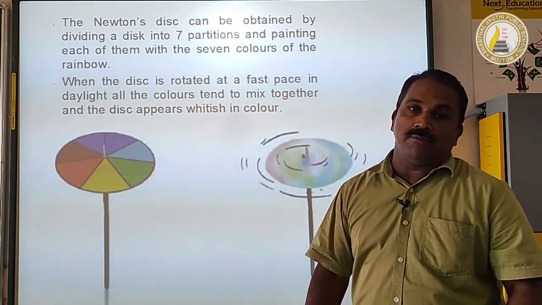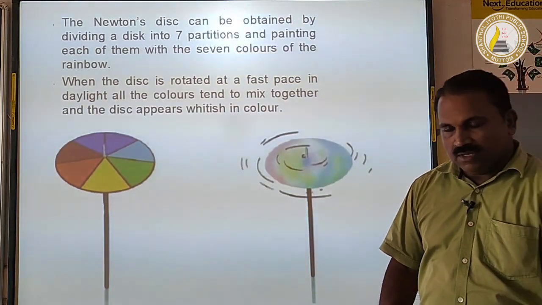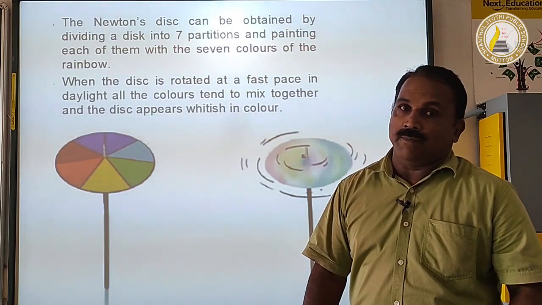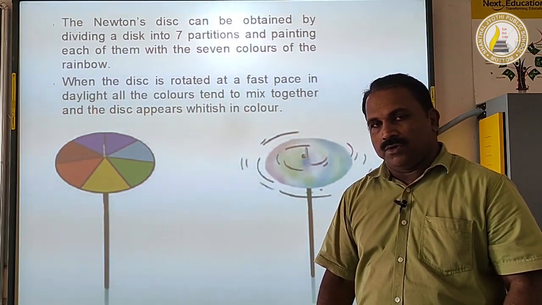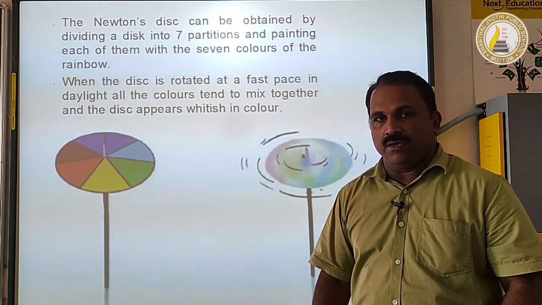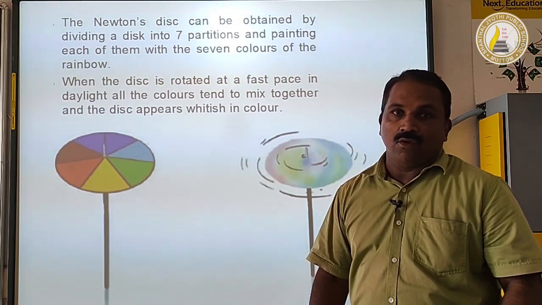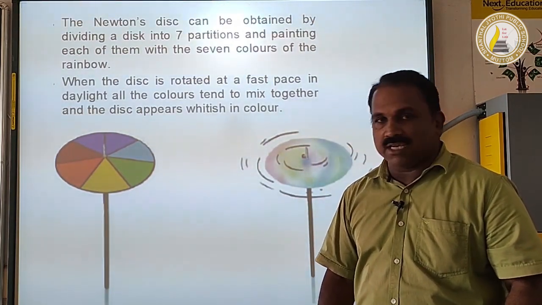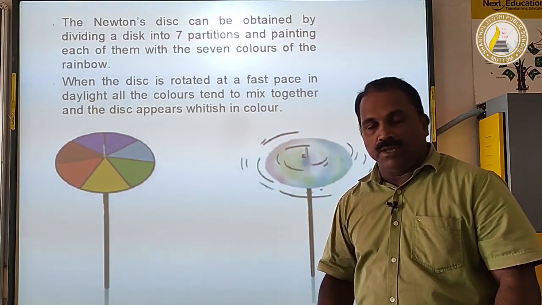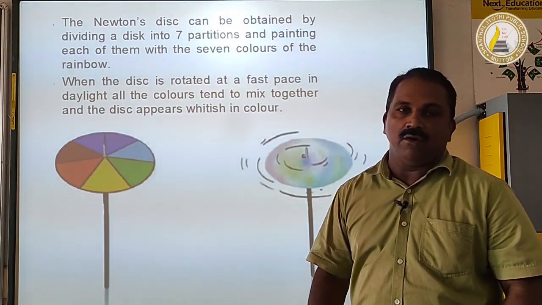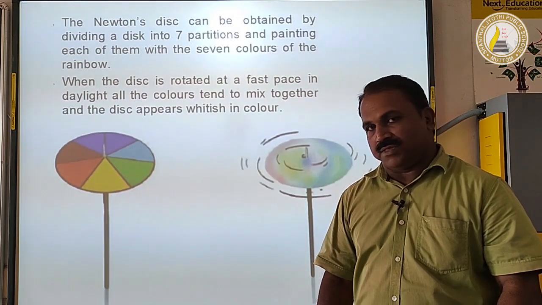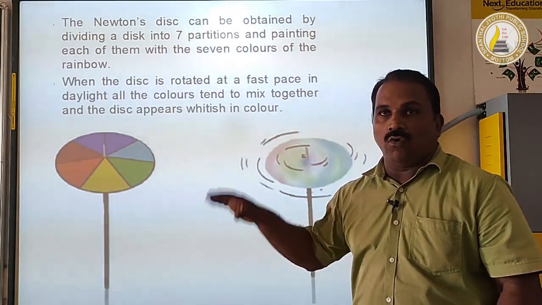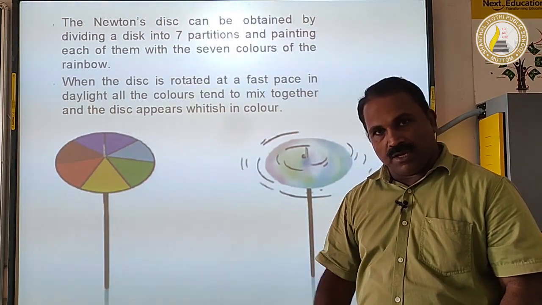Then from the retina, the nerves send the image to the brain. So there we can see all the colors. 1/16th of a second of each color will be in the brain. So when it rotates very fast, all the colors will be in the brain.